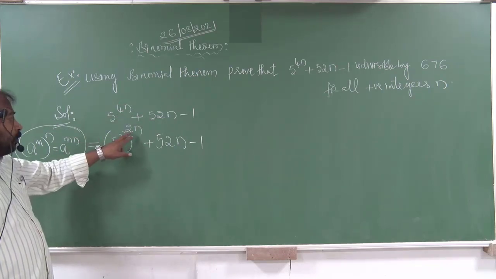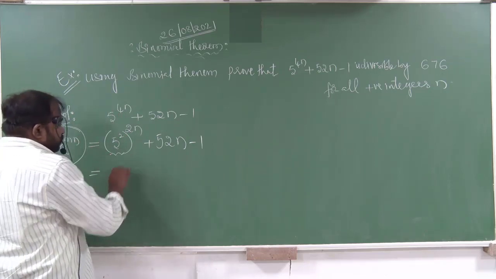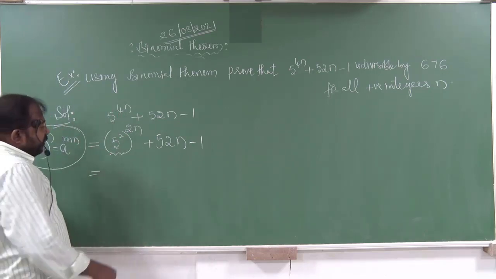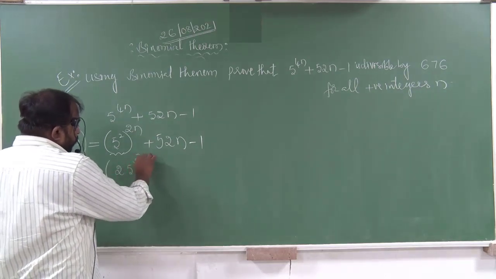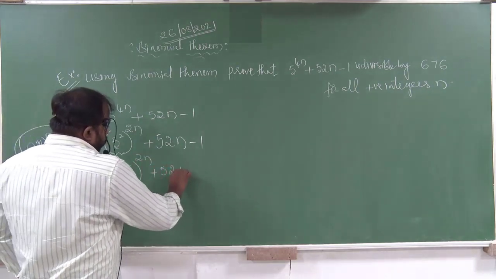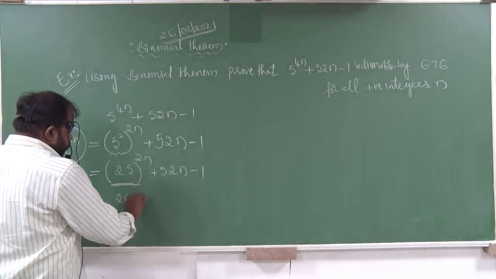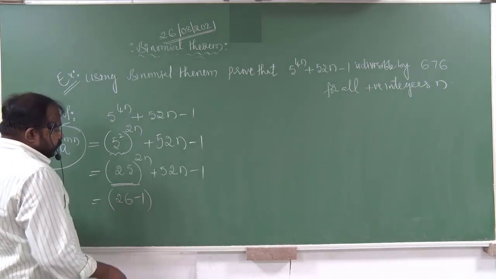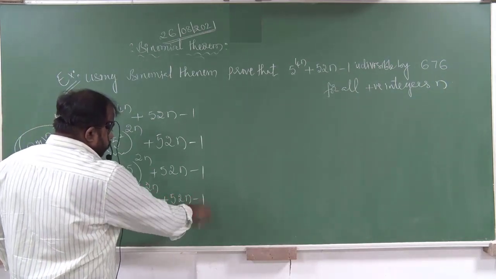Then 5 square I can write as 25, so 25 whole power 2n plus 52n minus 1. Then this 25 I can write as 26 minus 1 whole power 2n plus 52n minus 1.